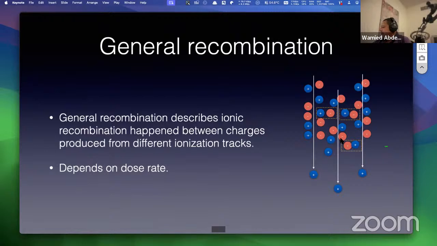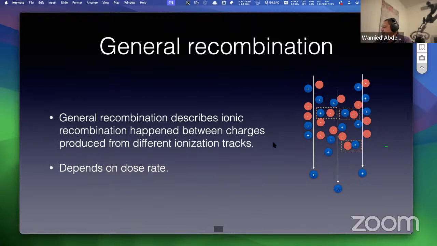This is called general recombination. The probability of it happening will depend on the number of tracks. The more tracks we have, the more likely general recombination is going to occur.